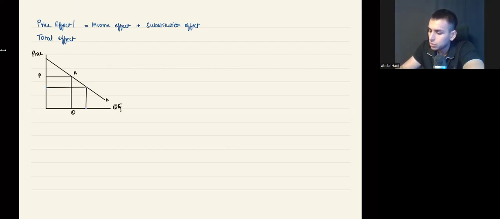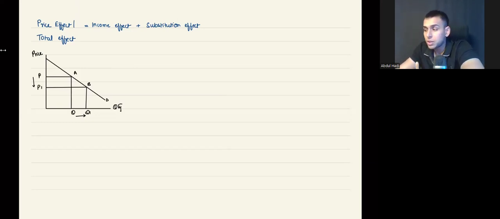This is how we used to study in our O level and AS: price level P to P1 and quantity Q to Q1, movement along the curve from point A to point B. Now, the movement is occurring in my demand curve due to a decrease in my price level.